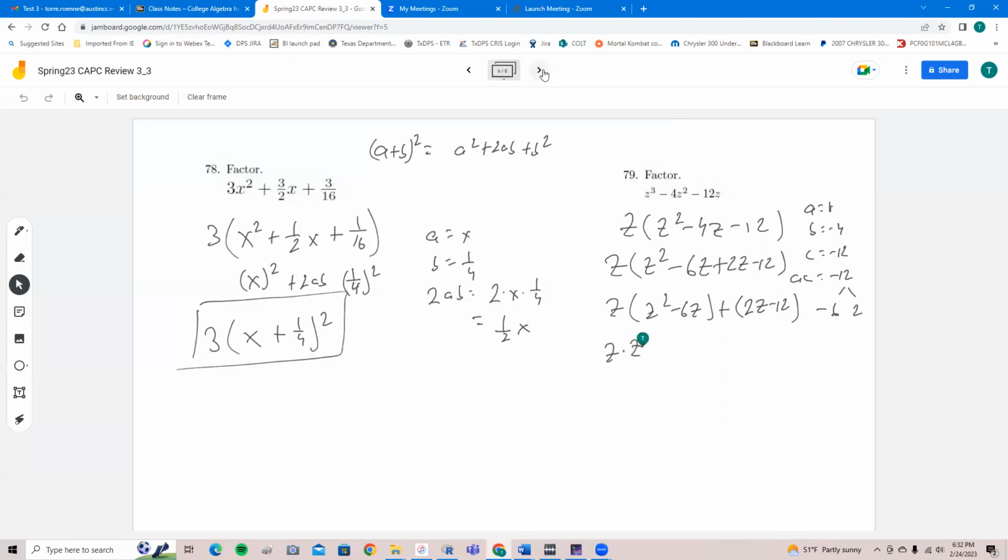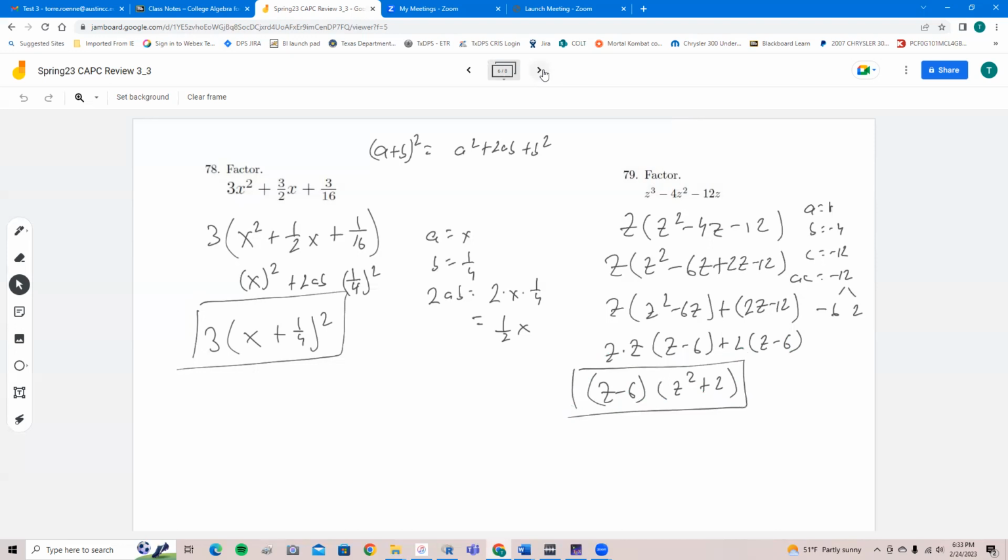So z, that gives me z minus 6. And then let's factor out a 2, z minus 6. And let's pull a z minus 6 out. I'm left with z times z, which is z squared plus 2. And that's it for that one.